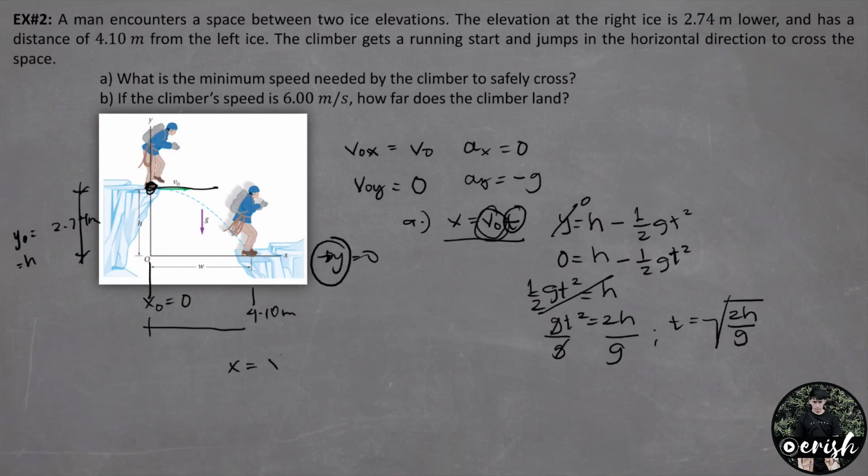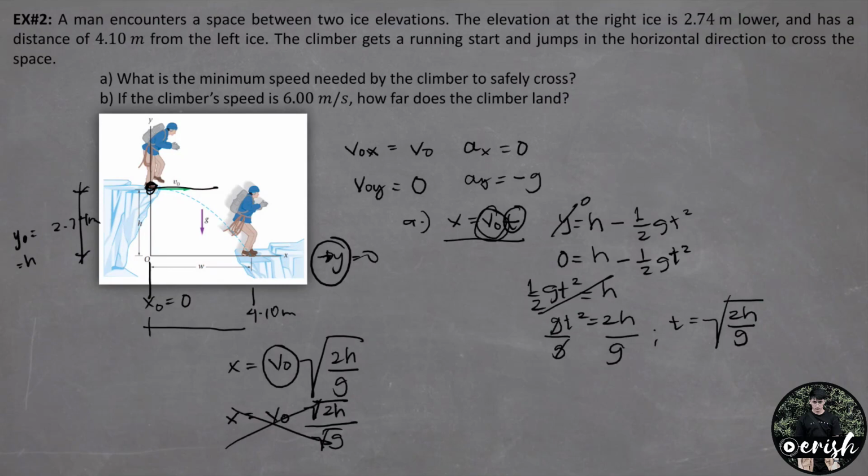x equals v sub o, and we have the equation for time, square root of 2 times height over the gravity. We are solving for the minimum speed or our velocity. So we derive again the equation to solve for v sub o. To solve for v sub o, the minimum speed, we simply cross multiply. This is x equals v sub o, and this is square root of 2h over the square root of g.